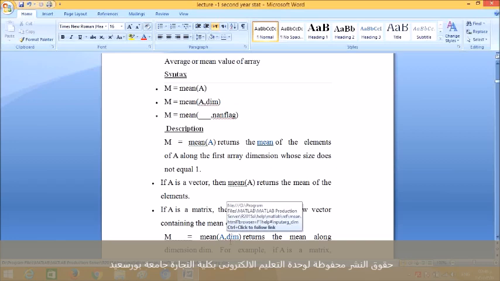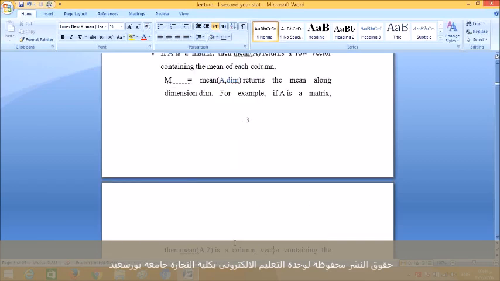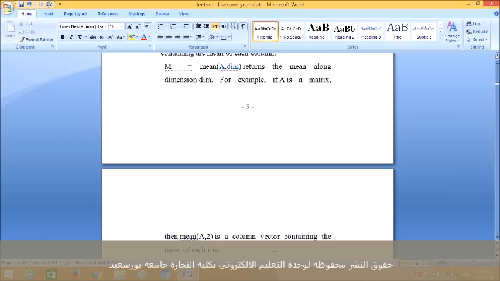So you will substitute this dim with 2 when using rows of the matrix, right? So if A is a matrix, then mean of A and 2 is a column vector containing the mean of each row.